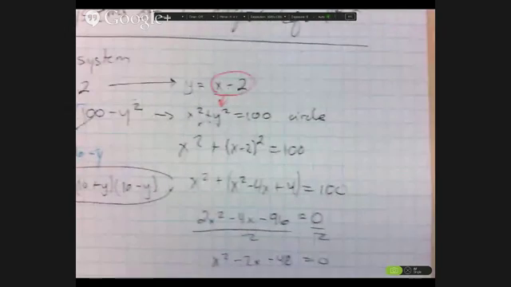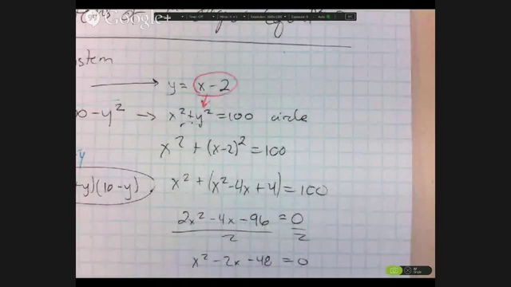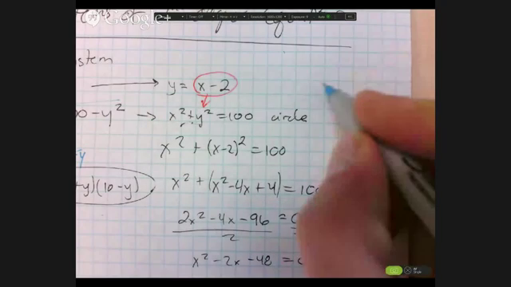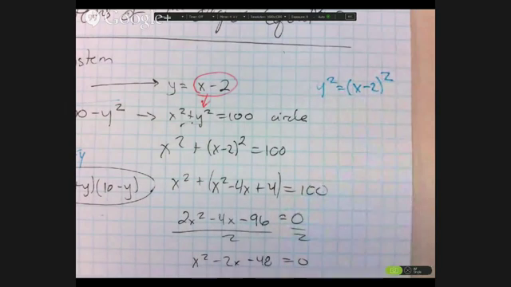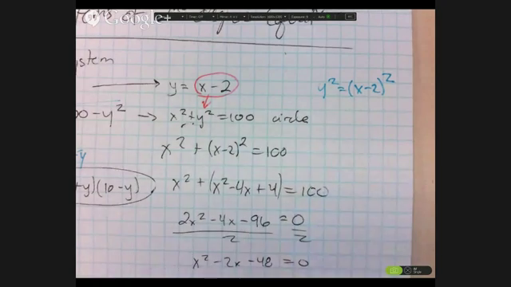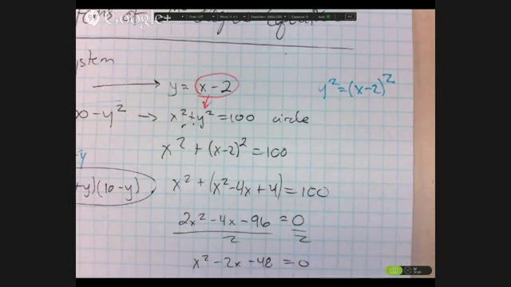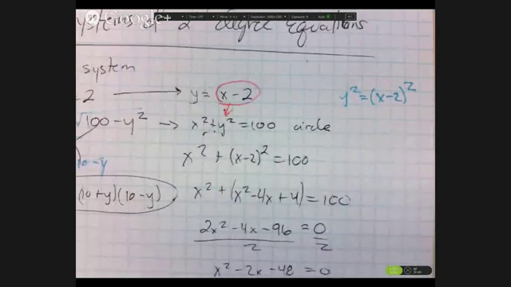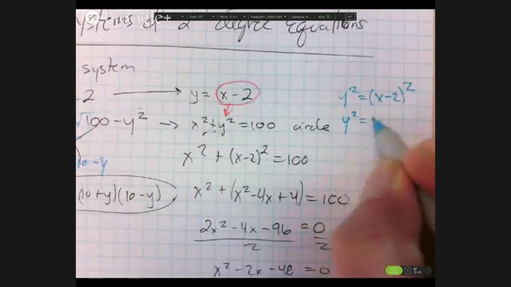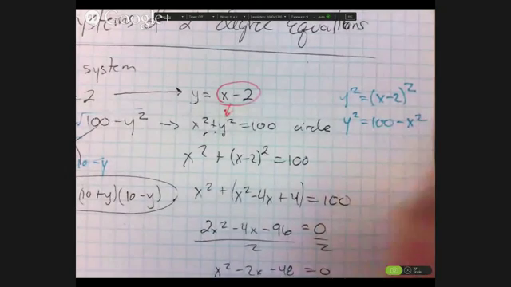Okay, so I was going to not show you this, but Hunter brought it up. I made it to where x minus y is equal to 2, and it's squared.